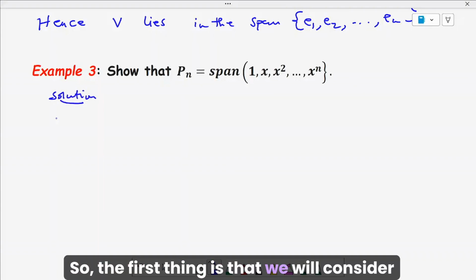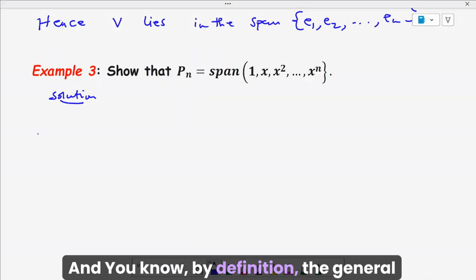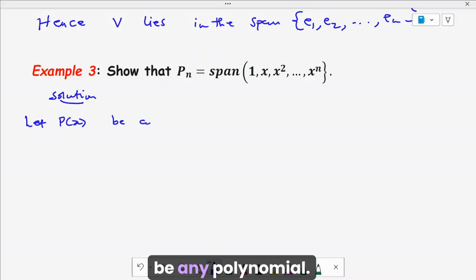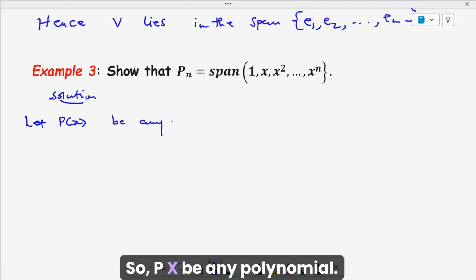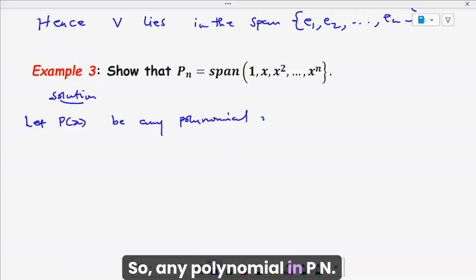The first thing is that we will consider the general form of a polynomial. By definition, let p(x) be any polynomial in Pn.